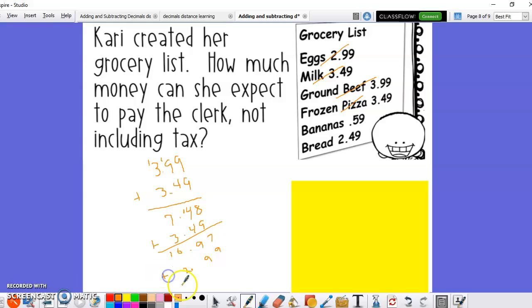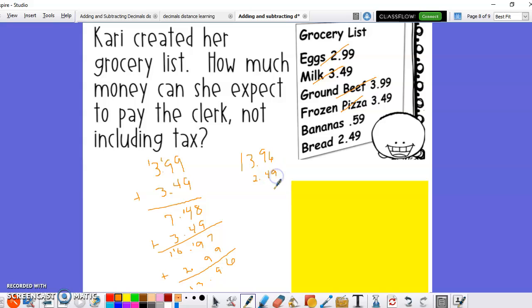9. That gives me 16. Gives me 19. That gives me 3. 13.96. And then 13.96. And you'll keep on going until you get your total. 49.